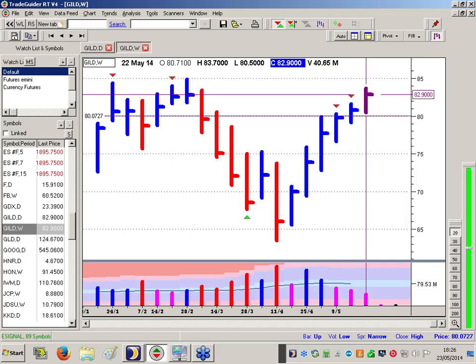Okay. I would say I certainly wouldn't be interested in buying this at the moment. Not with these up bars, lack of demand, very low volume, narrow spreads as it pushes up towards the previous area of supply, look.